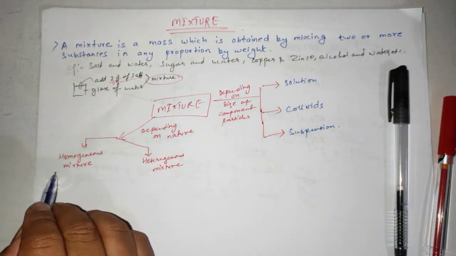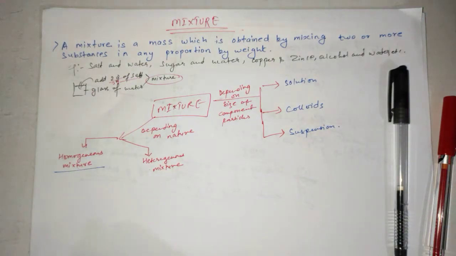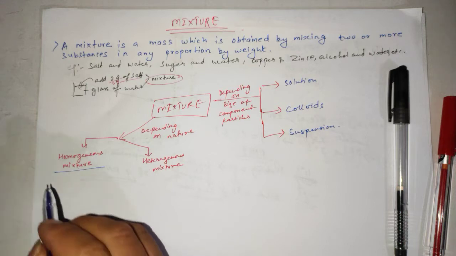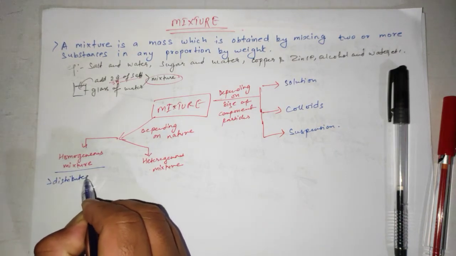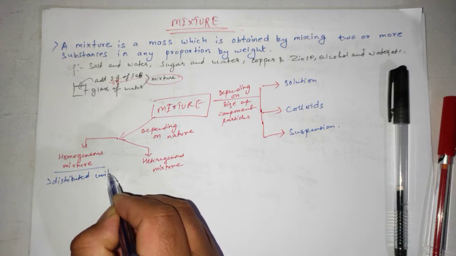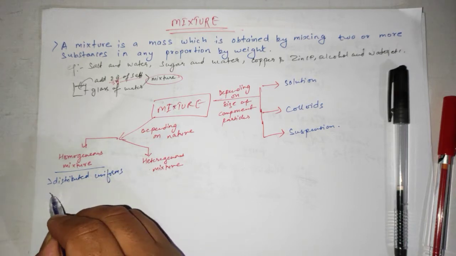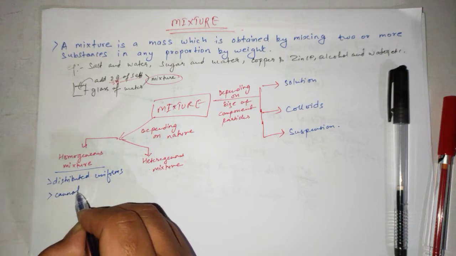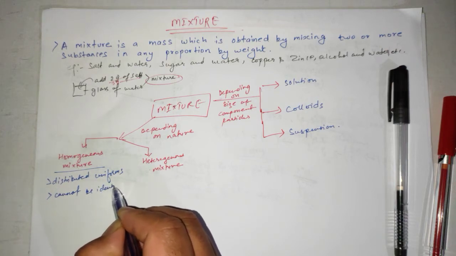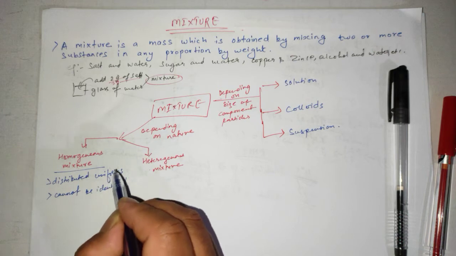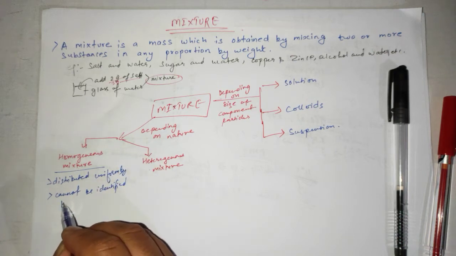First, let's see what a homogeneous mixture is. A homogeneous mixture is a type of mixture in which mixing components are distributed uniformly, and they cannot be separated or identified by naked eyes.